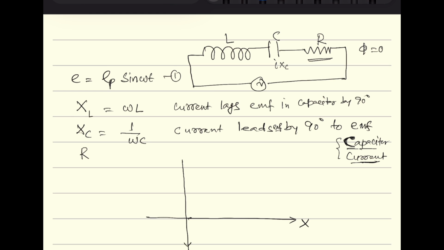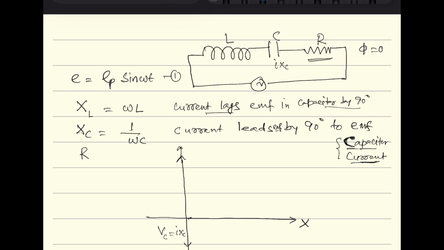Suppose this is the potential drop across the capacitor, VC, I into XC. And what is the potential drop across the inductance? Here, current lags means voltage leads by 90 degree.